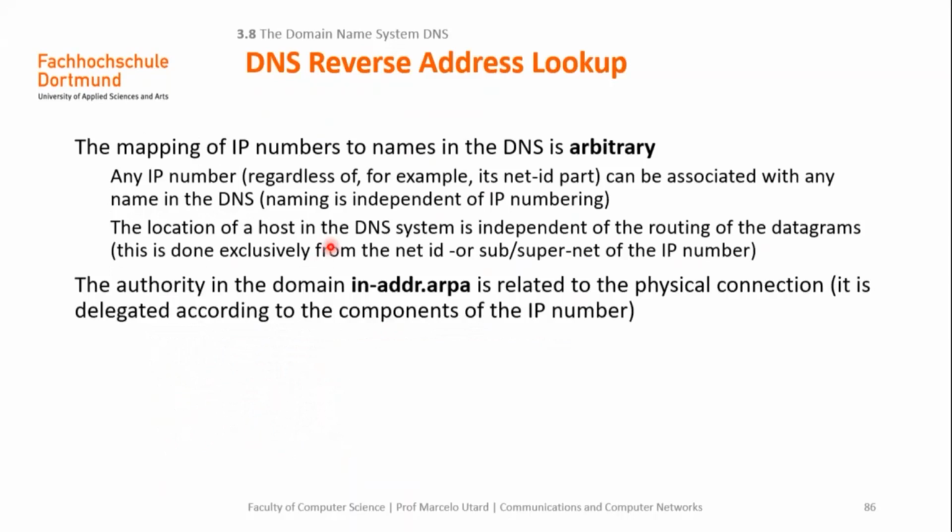Well, finally, the reverse address lookup. The mapping of IP numbers to names in DNS is arbitrary. That is, any IP number, regardless of, for example, its net ID part, that is its network number, can be associated with any name in the DNS. The naming is independent of the IP number.